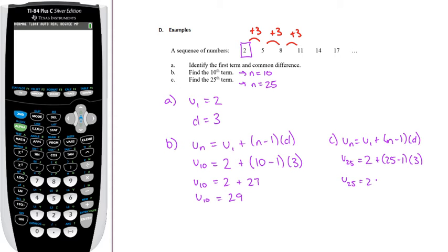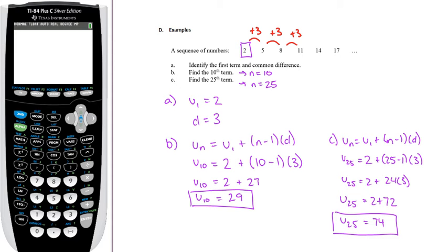Then we get 2 plus 24 times 3, which gives us 2 plus 72. And so the 25th term is 74. That's how you apply the formula to find any term in the sequence. You basically just need to know the term number you're looking for, the first term, and the common difference.